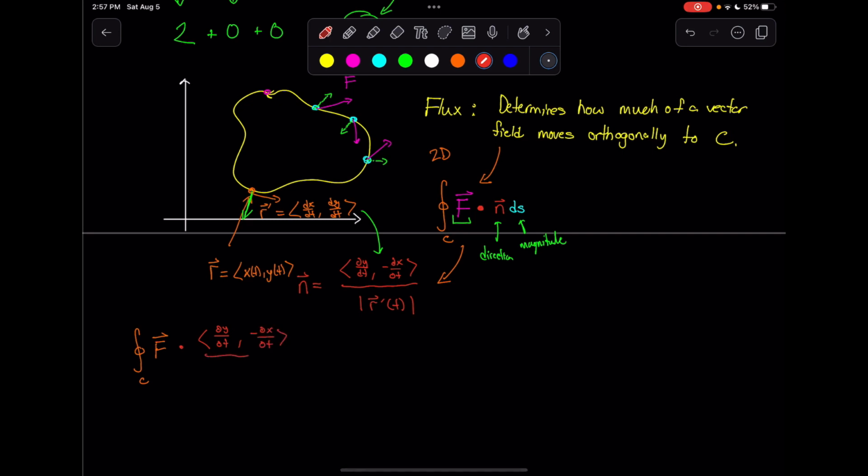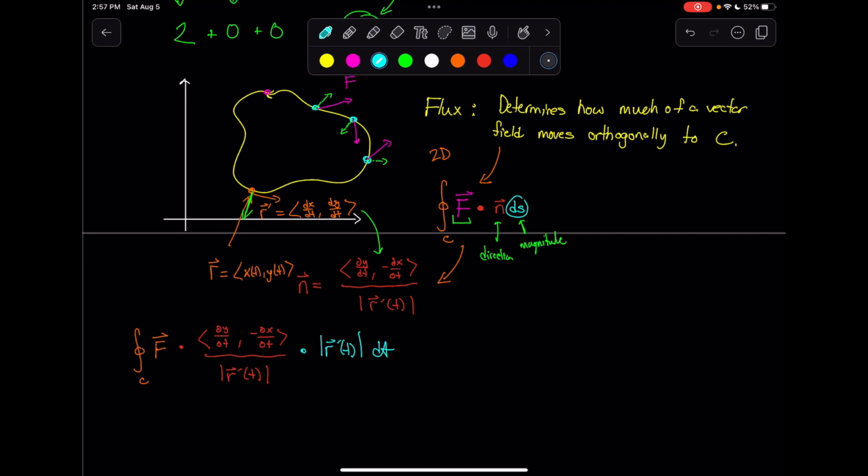Now in the denominator, we have the magnitude of r prime of t. And now we just have to remember that ds is that square root of (dx/dt) squared plus (dy/dt) squared, and that we were able to write in the form of the magnitude of r prime of t dt.